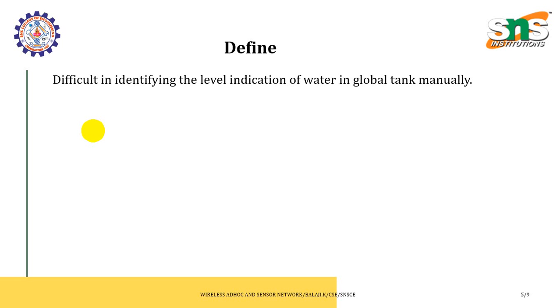So we define it as: it is difficult to identify the level indication of water in the global tank manually, and this is a major concern. When we overcome this, probably it will address all the issues. So we converted this into a problem statement. Since the manual work is associated with electricity, human resource and cost expensiveness, everything is involved. So when we define it this way, it will be the appropriate one.